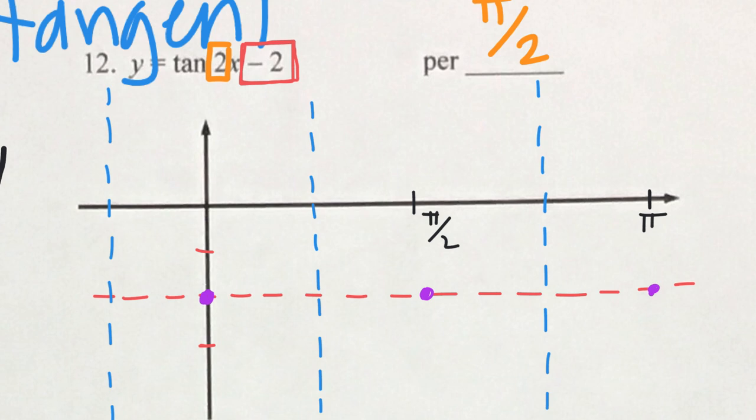And now we look to our dilation. So we have no number in front of tangent, which means we have a dilation of 1, or your standard. So we go halfway between your 0 and your asymptote, and we go up 1 unit to the right, and we go halfway to the left, and we go down 1 unit.